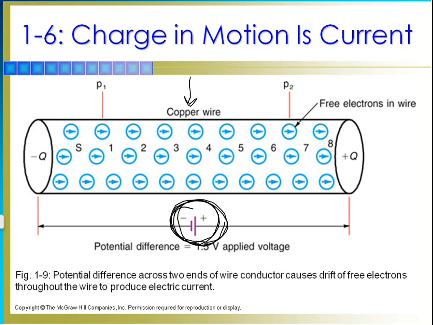So we have all these electrons which are negatively charged, and we apply a negative charge at this end. What's that going to do? Well, it's going to repel all of these free electrons, and they're going to act like ping pong balls in a tube. They're going to bump up against each other, going in the same direction, and force them in that direction.